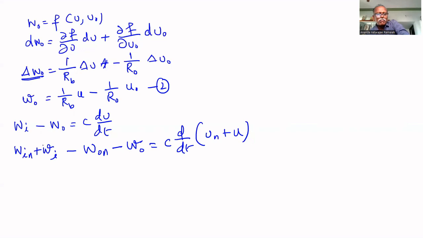But at the nominal operating point, the nominal inflow rate equals the nominal outflow rate. Therefore, these two get cancelled. And this also equals 0 because it is a constant. Therefore, the equation becomes, for changes, the change in inflow rate minus the change in outflow rate equal to C du/dt.